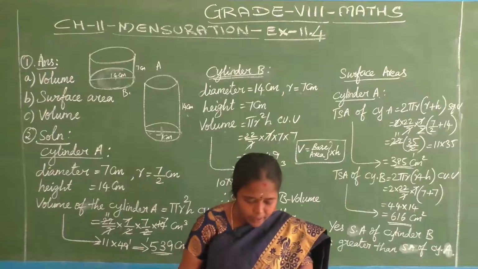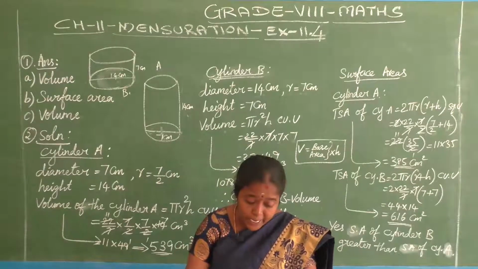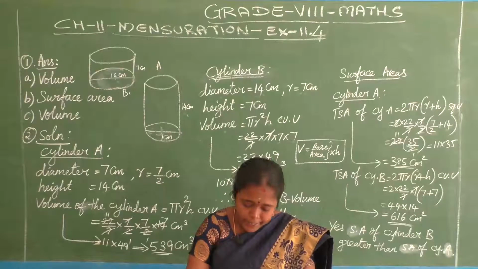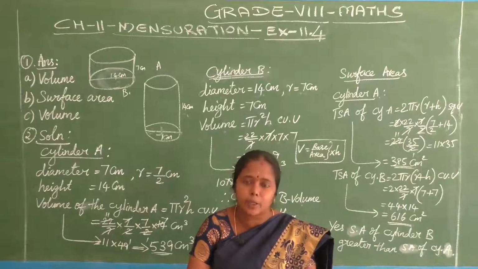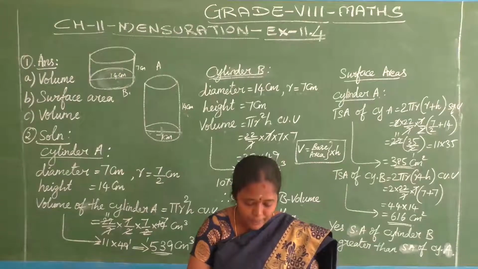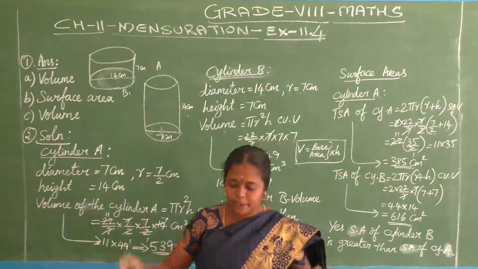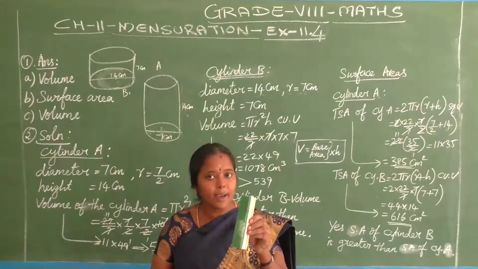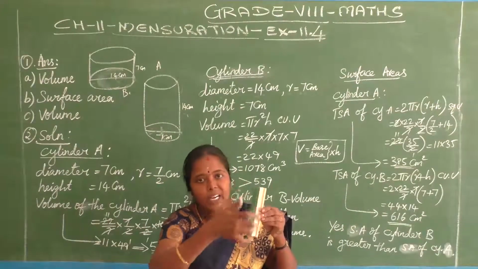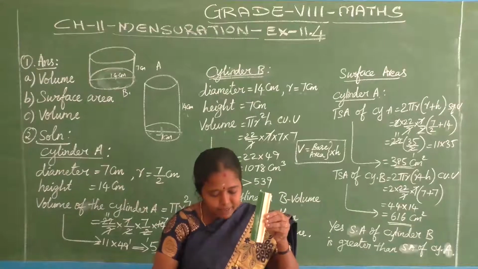Find the height of the cuboid whose base area is 180 centimeter square and the volume is 900 centimeter cube. What is the third question? Find the height of the cuboid. This is the cuboid, and this height we have to find. What is given?